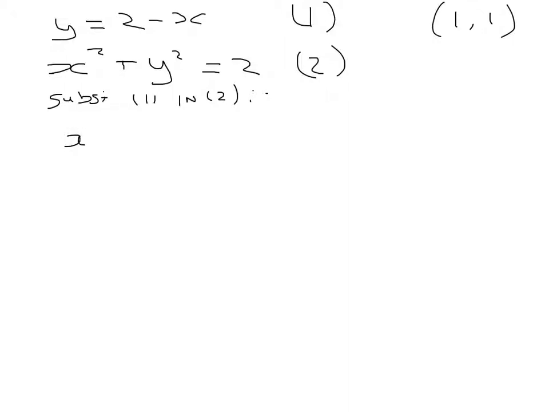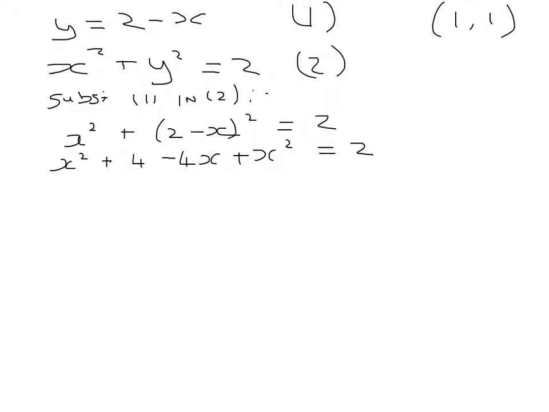So now we get x squared plus 2 minus x squared is equal to 2. If we expand the bracket out, we can have x squared plus 4, then minus 4x plus x squared is equal to 2. Remembering a bracket squared is the bracket times the bracket.